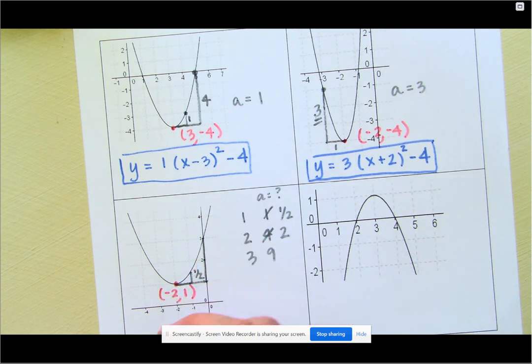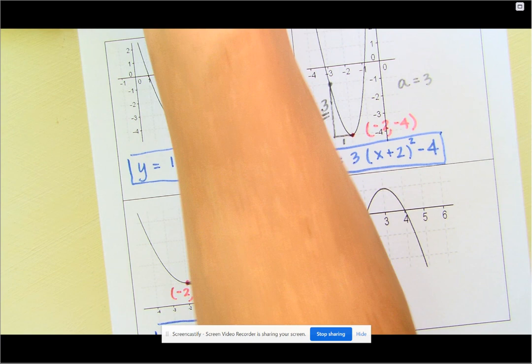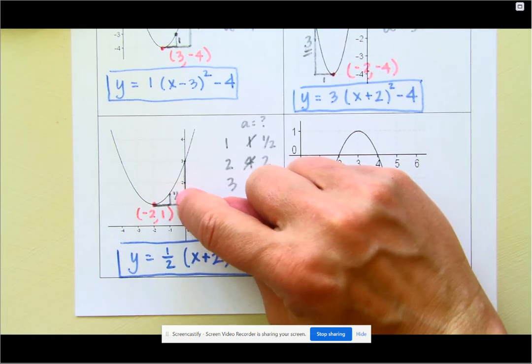So we would have Y equals, you could do 1/2 or 0.5, X, 2 to the left is plus 2 squared, 1 up is plus 1. And the only reason I say it is sometimes students, whenever it doesn't go up all the way, they automatically think it's always a half, and sometimes it's actually a third.